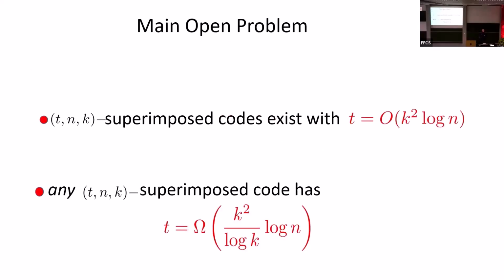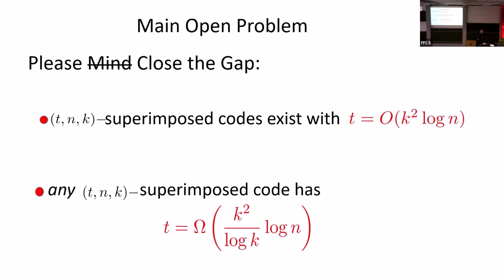The main open problem in the area is what I said before: close the gap. I mean, it's really a shame. This was posed more than 40 years ago and is still open. I think that some young people should try to solve the problem, because if I can give a conjecture, I strongly believe that this is the truth.